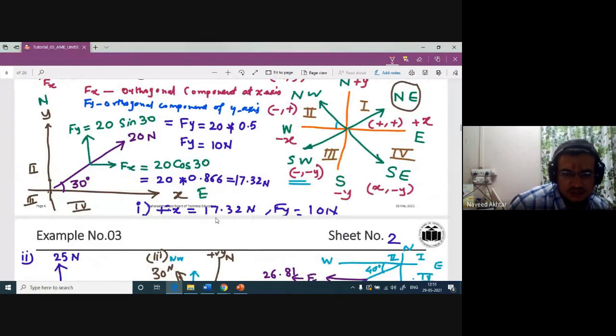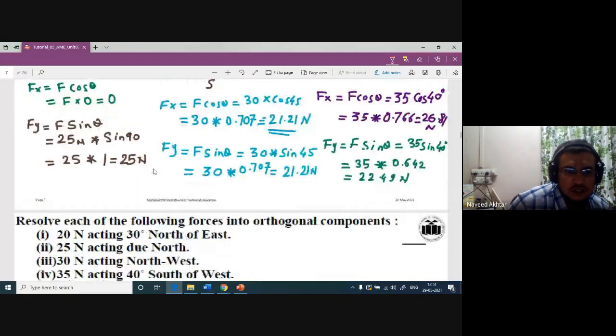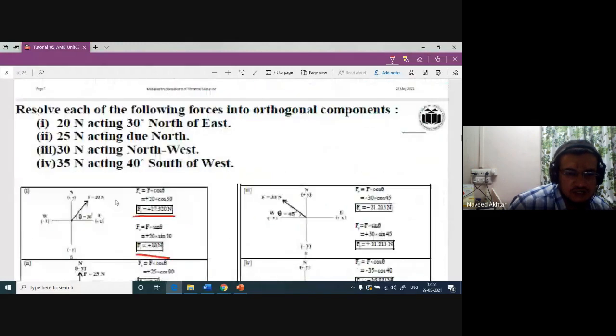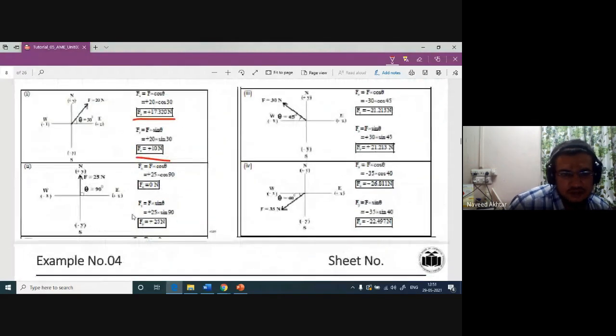Then the second one is fx is 0 and fy is 25 Newton. In the second example you can see fx is 0 and fy is plus 25 Newton.